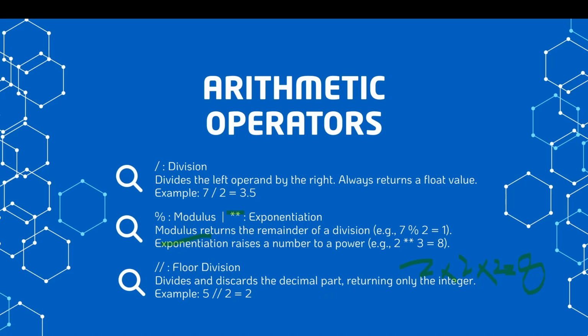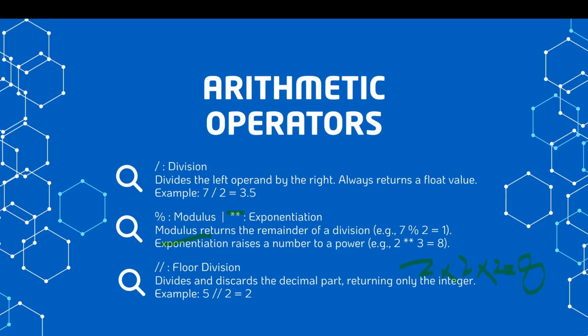If you are working with float values, go with the division operator. And if you are working with integers and you don't want the decimal part of the value, try to use floor division, which removes the decimal part and only works with the integer part.